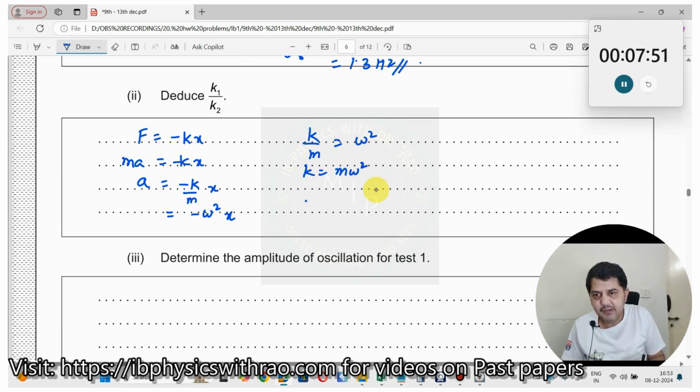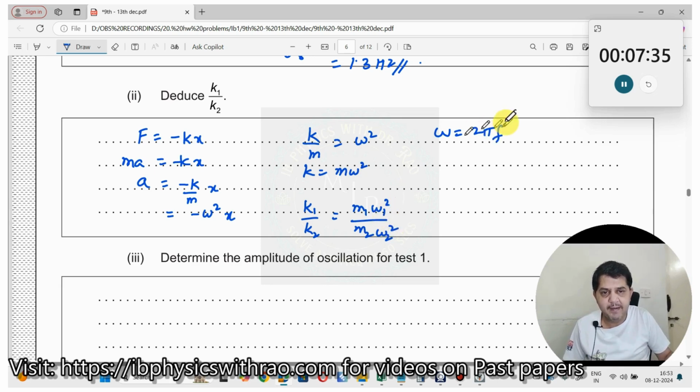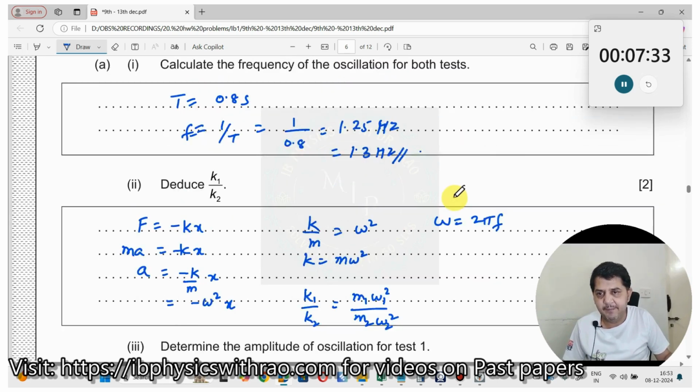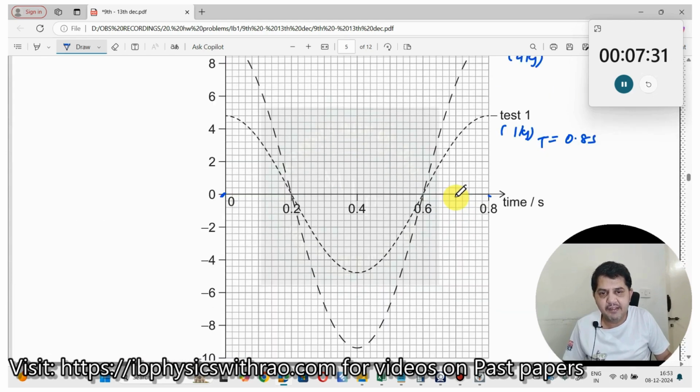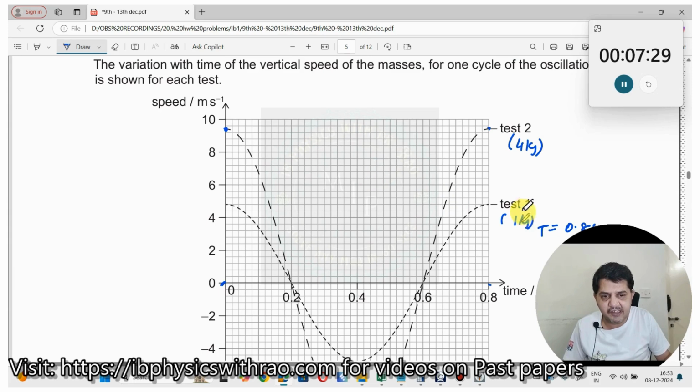So therefore, if I take K1 by K2, I will have M1 omega 1 square divided by M2 omega 2 square. What is omega 1 and omega 2? The angular frequencies, and omega, as we know, is nothing but 2 pi into F. 2 pi is a constant, F is the frequency. Now let us look. Does the frequency change for both test 1 and test 2?